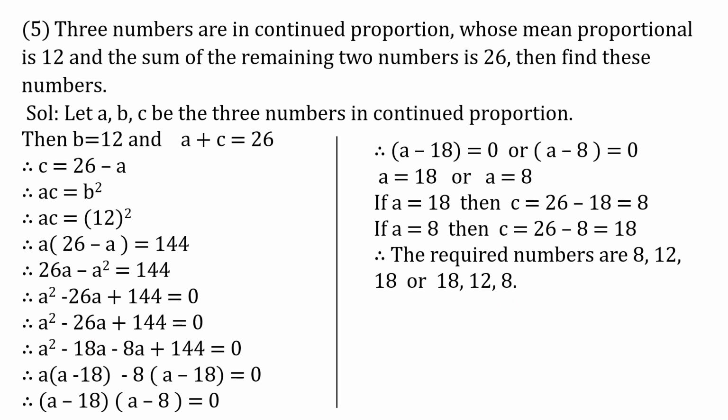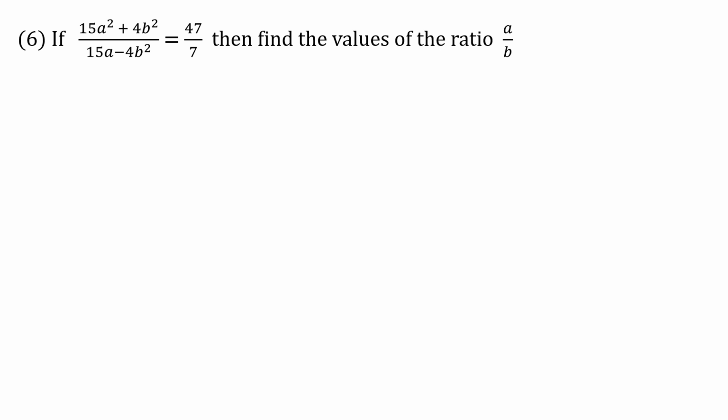Okay. Now moving to the last one. What is given? If (15a square plus 4b square) upon (15a square minus 4b square) equal to 47 upon 7, then find the value of the ratio a upon b.